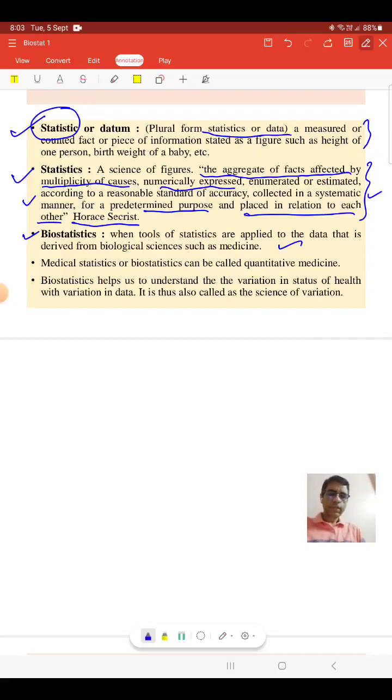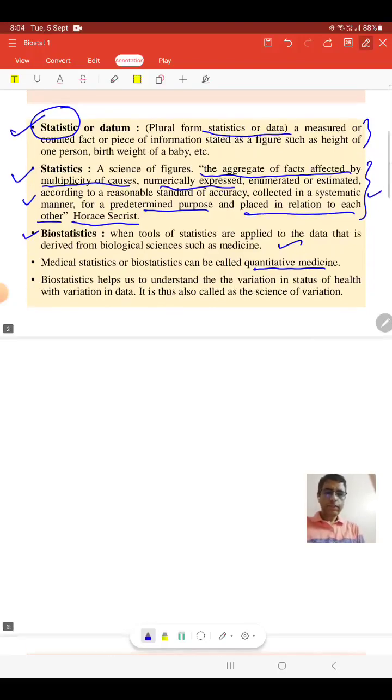Medical statistics or biostatistics can also be called quantitative medicine. This term is not usually used, but it is another terminology depicting biostatistics. Biostatistics helps us understand the variation in status of health with variation in data. It is thus also called the science of variation. So various definitions we have gone through.